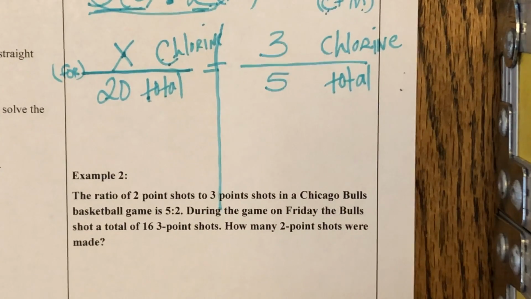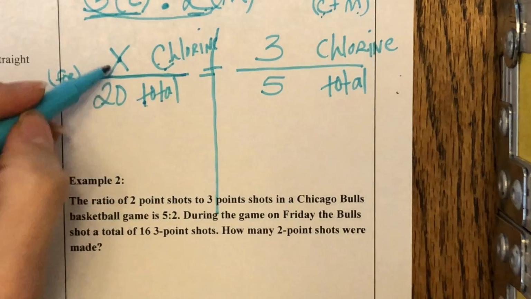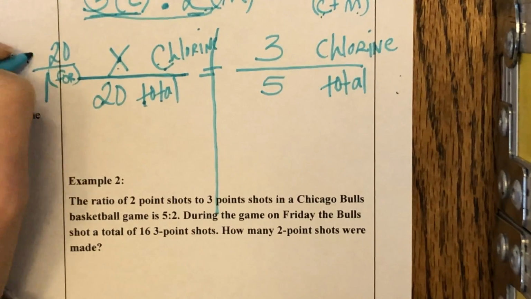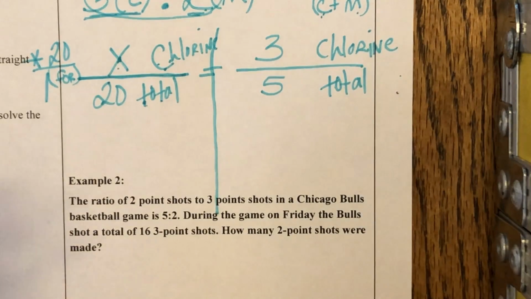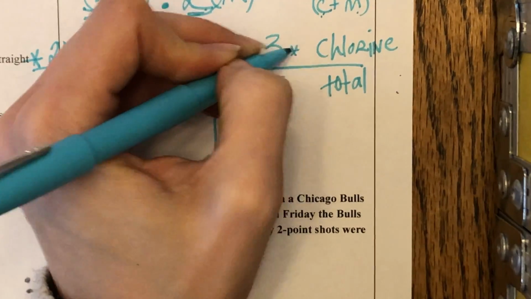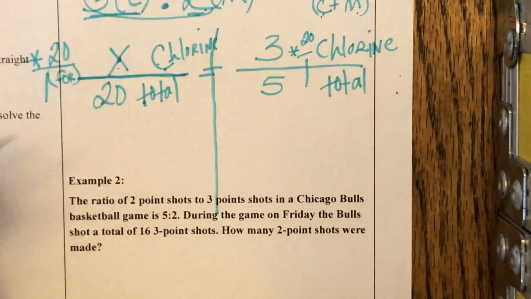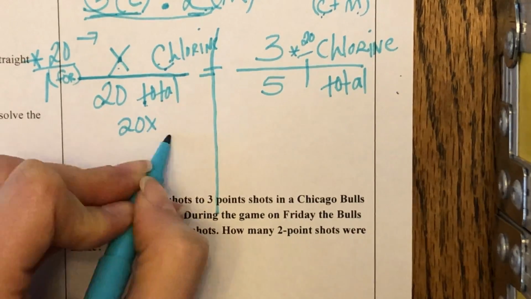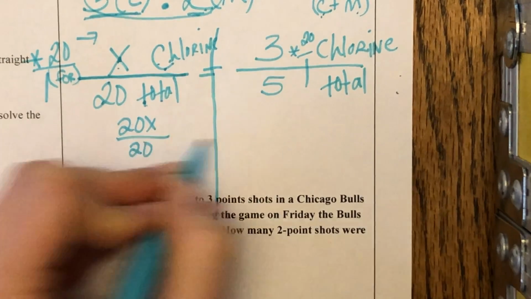And I want to get x by itself. So in order to solve, x is being divided by 20, so I'm going to multiply by 20 on both sides. So multiply by 20 on the right, and I'm going to multiply by 20 on the left. How do I multiply fractions? Straight across. So 20 times x is 20x. 20 times 1 is 20.